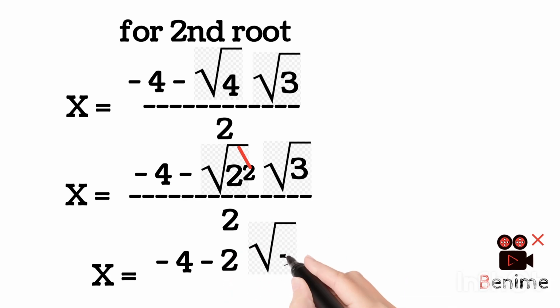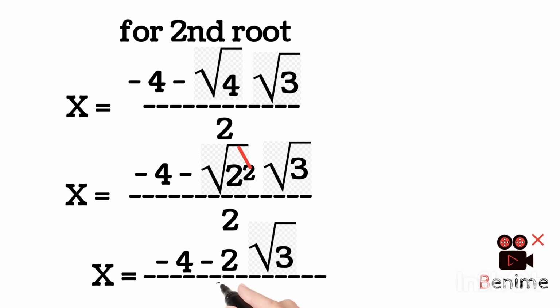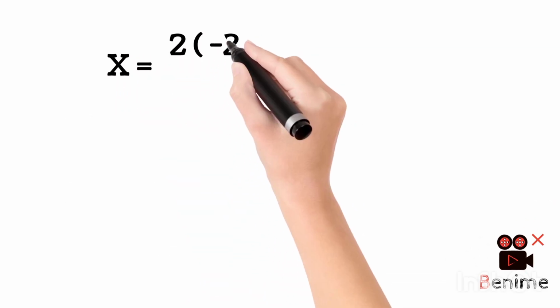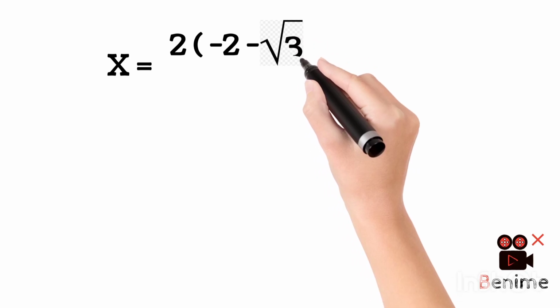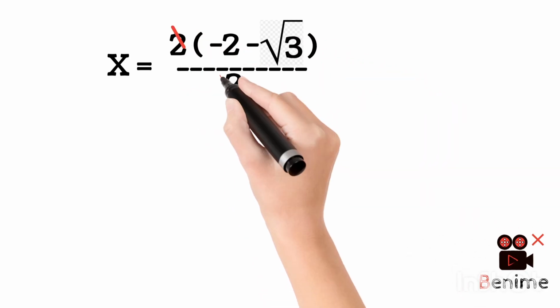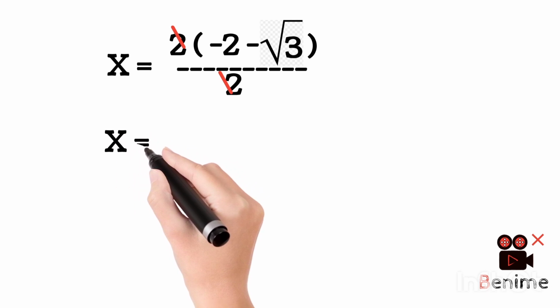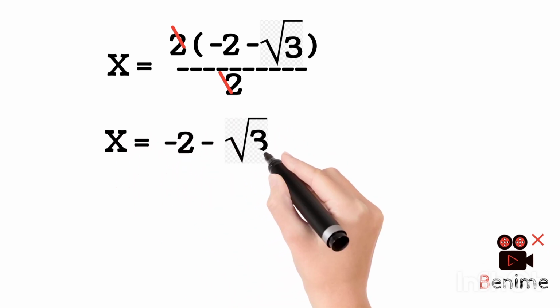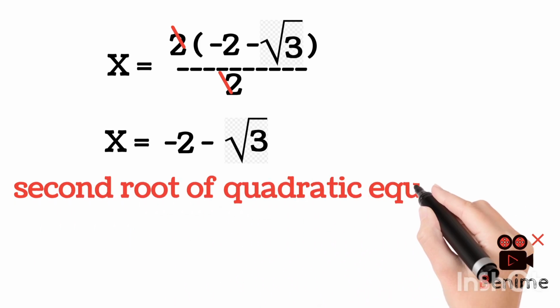Again we take 2 as common, which is cancelled out by the 2 dividing the whole equation, and we are left with -2 - √3, which is the second root of the quadratic equation. So these are the two roots.